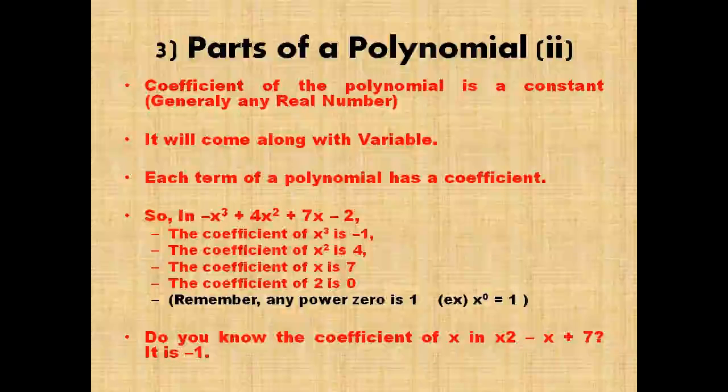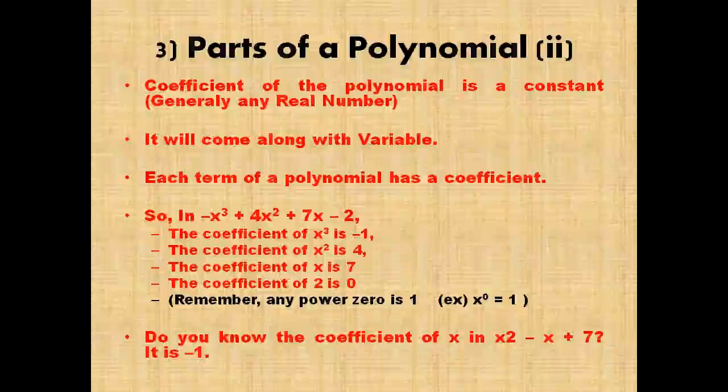See the example: the coefficient of x cubed is minus 1, of x squared is 4, of x is 7, and the coefficient of minus 2 is 0, because there is no variable, so it is only 0.